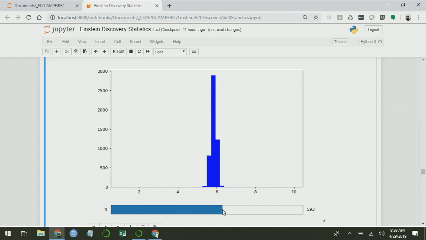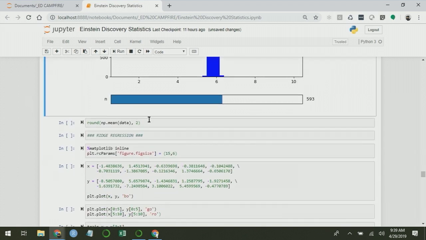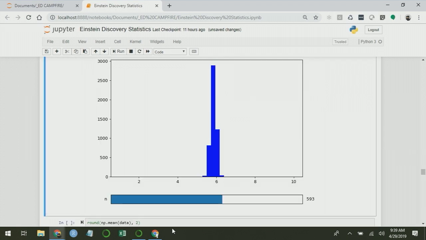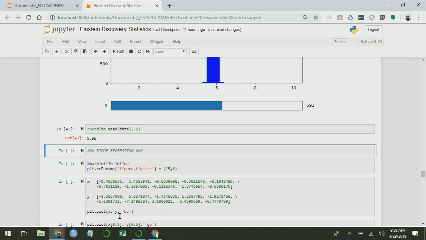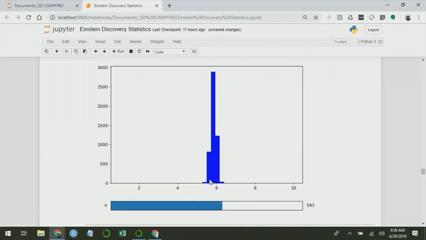Larger data allows us to be more confident about where the actual mean is. So that's also why you should use as much data as possible to answer your business questions. It allows you to be more confident about the results you're getting. And if I calculate the actual mean of my population, I'd see it's 5.86, which is right at the center of my bell curve.